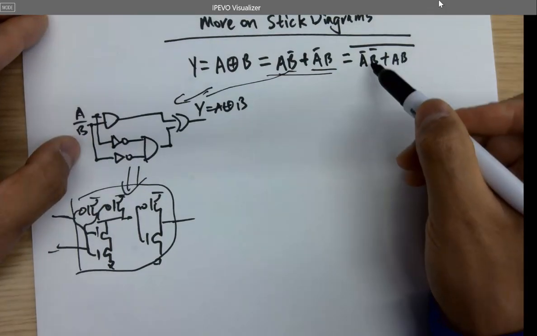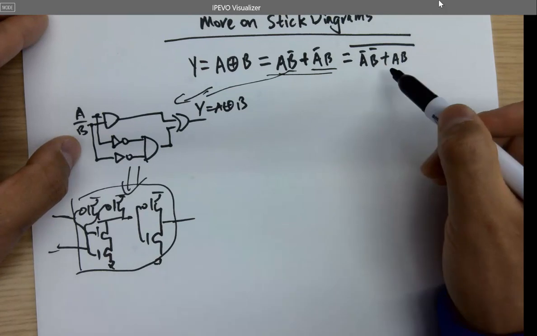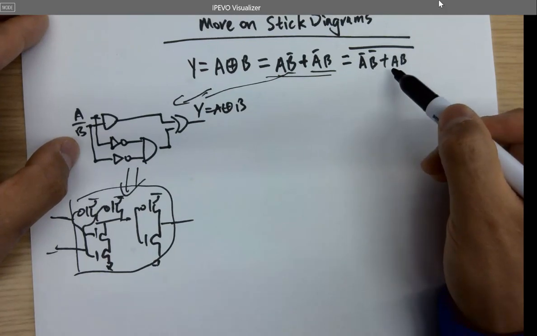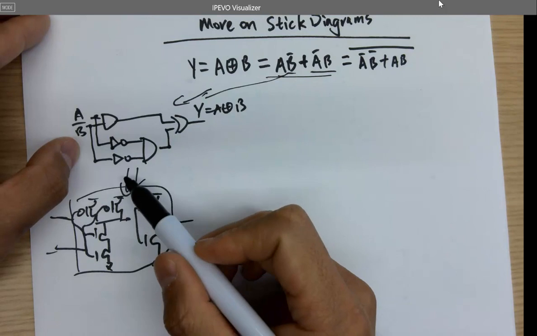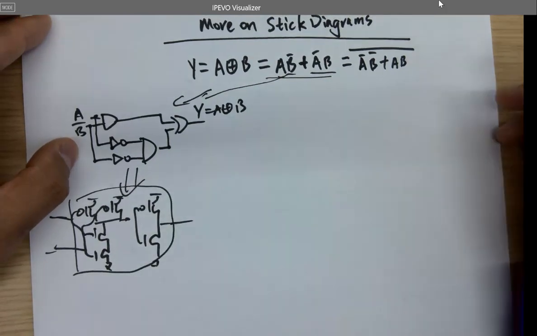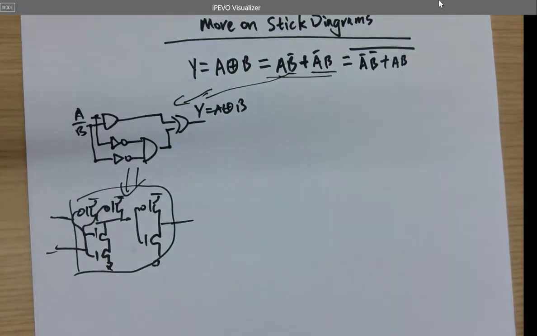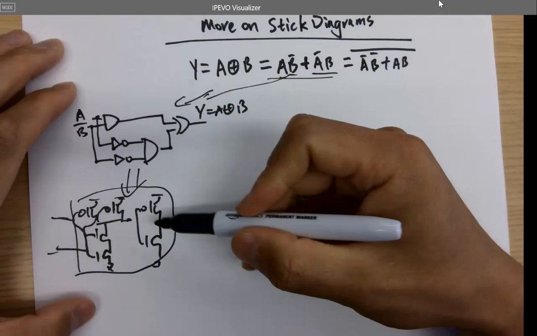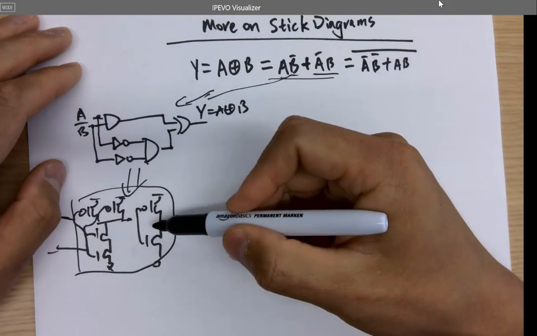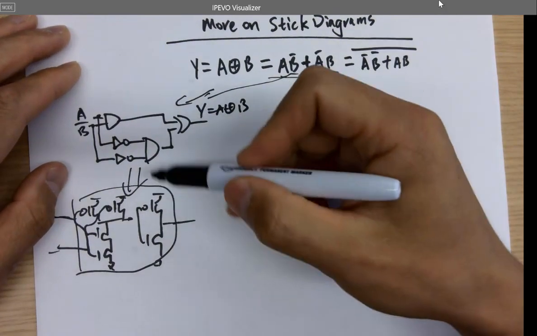After you drew the transistor level circuit using the AOI logic, if you compare it to the gate level circuit, it's way smaller than that. However, in Electric VLSI or in Cadence, it's not doing the optimization for you. It's basically just using the gates to make the connections.